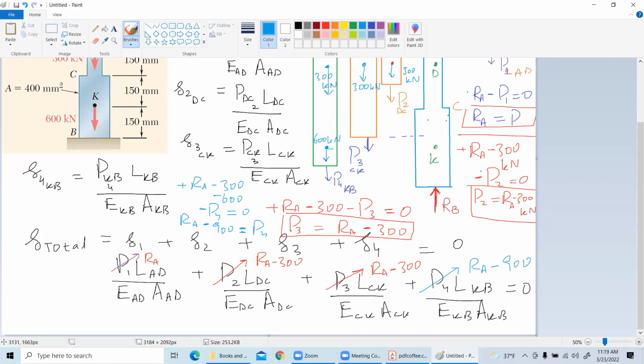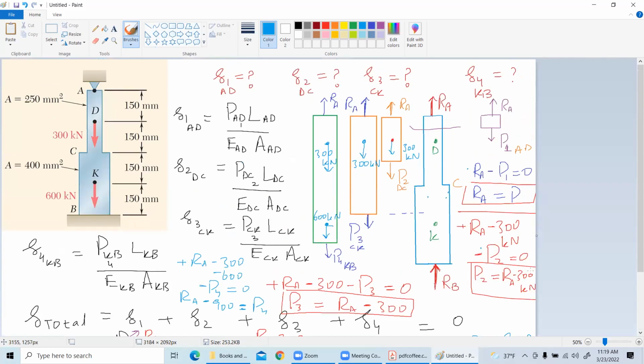Why do we set the total delta equal to 0? Oh, of course, because this is the crux of the problem, the backbone of the whole problem. If you have a load here and a load here, at the end of the day this object is constrained from top and bottom.